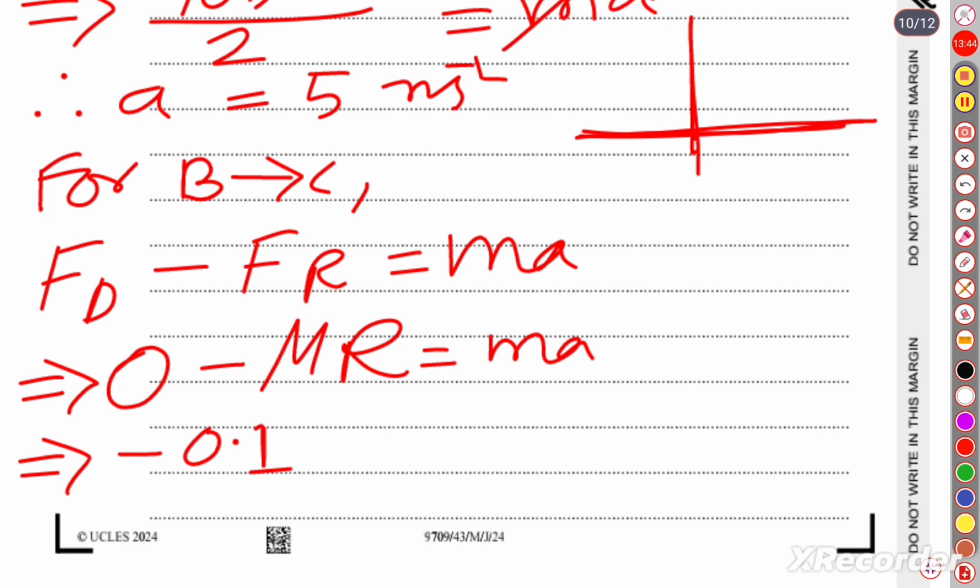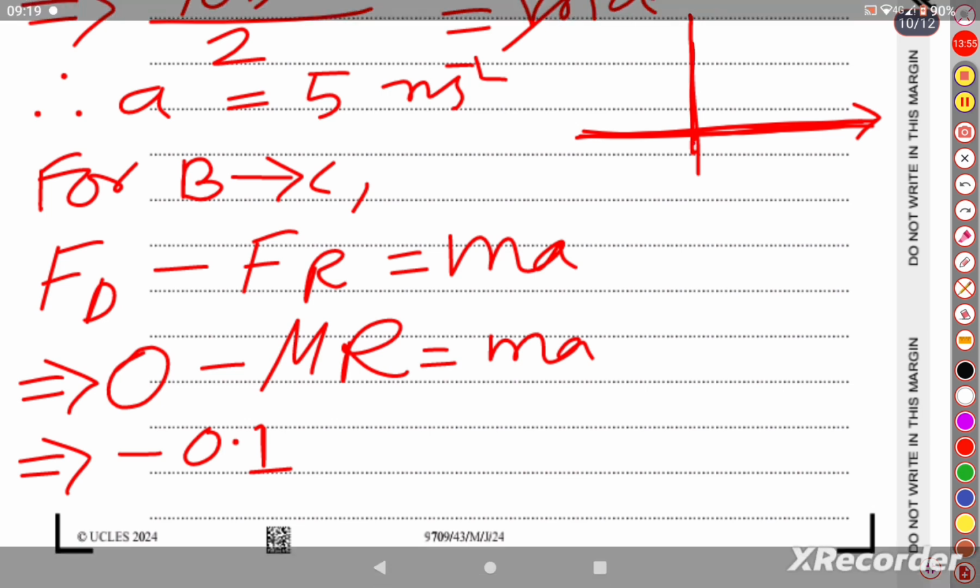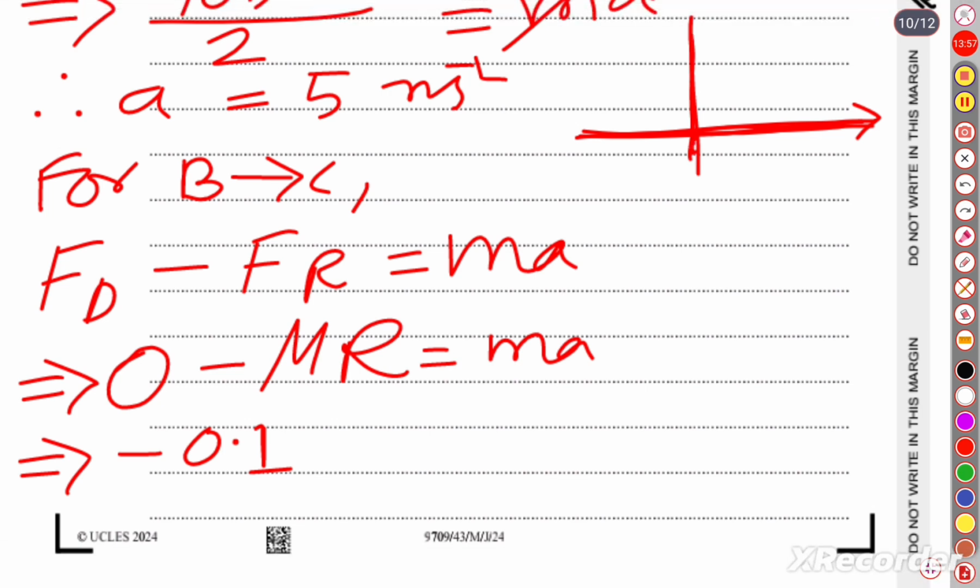Let's find R. When we calculated the vertical one, this was our vertical line, so this is going to be the horizontal line, and the angle is 0.